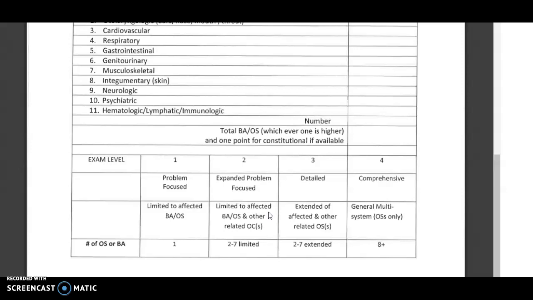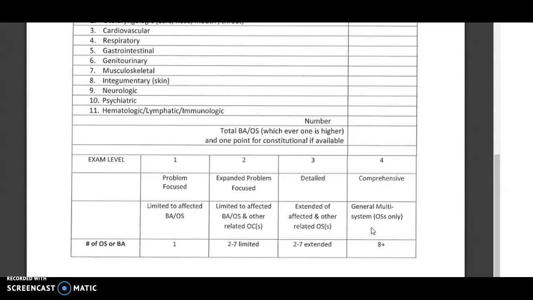We added them up: 7 were BAs and 5 are OSs. If you counted both the BAs and OSs, it would be a comprehensive. But when you follow the rules for OSs, it doesn't add up because I only have 5. This reading is in chapter 1 of your textbook, just to help you out on the situation.